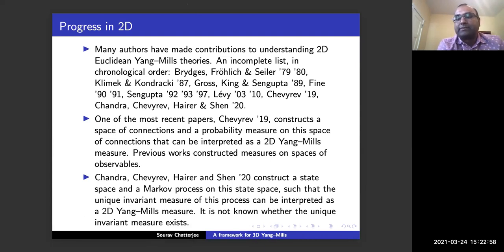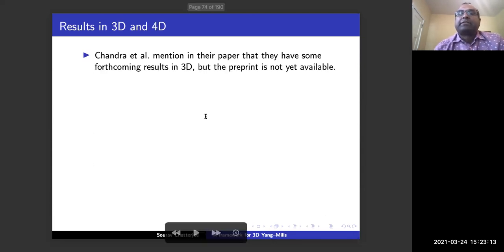And you say that the invariant measure hypothetically is the invariant measure of that process. It's not known whether the unique invariant measure exists for this process. It's not clear, but they construct this Markov process on the state space using regularity structures. And they mention in the paper that they have some forthcoming results in 3D, but I don't know what those are.